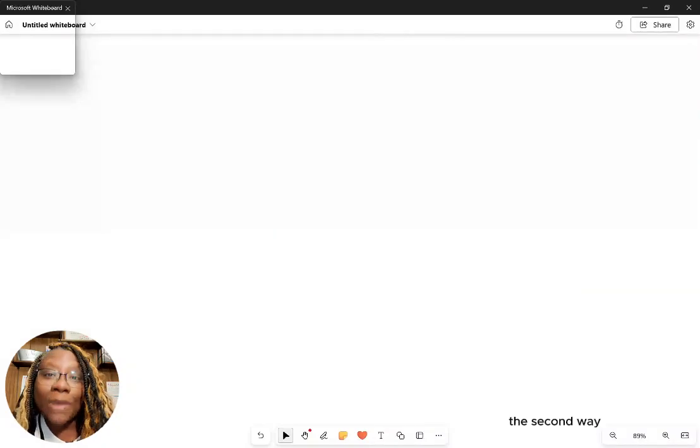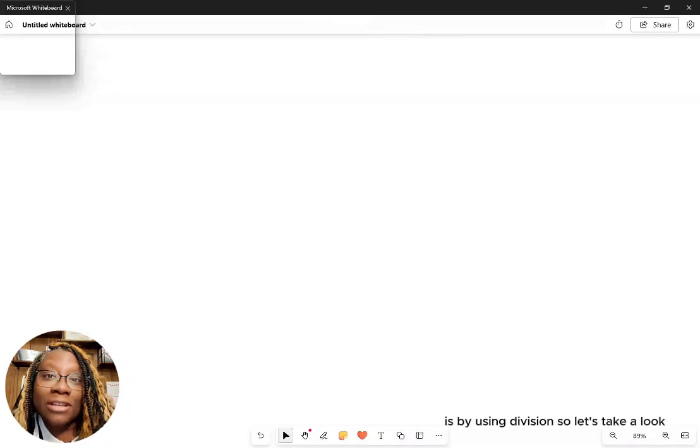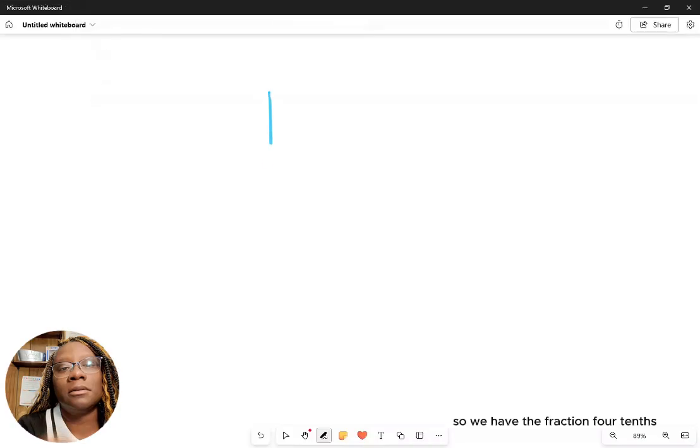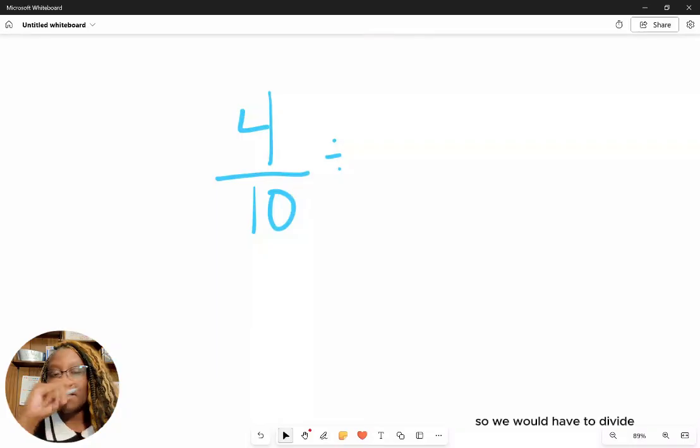The second way in which we can find equivalent fractions is by using division. So let's take a look. So we have the fraction 4/10. So we would have to divide the numerator and the denominator by the same number.